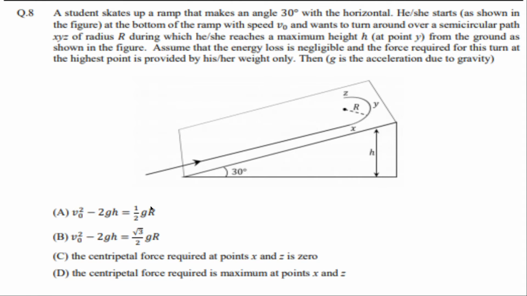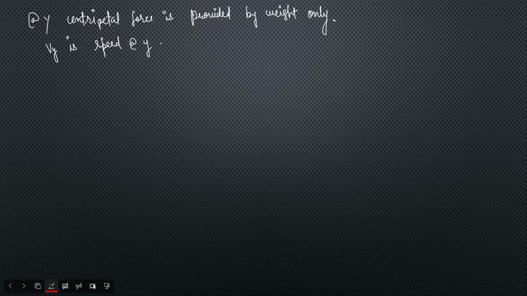At point Y, here is that boy or girl, and this is mg. The centripetal force would be m vy square by r in this direction, and this would be mg sin 30. So the centripetal force is provided only by the weight.